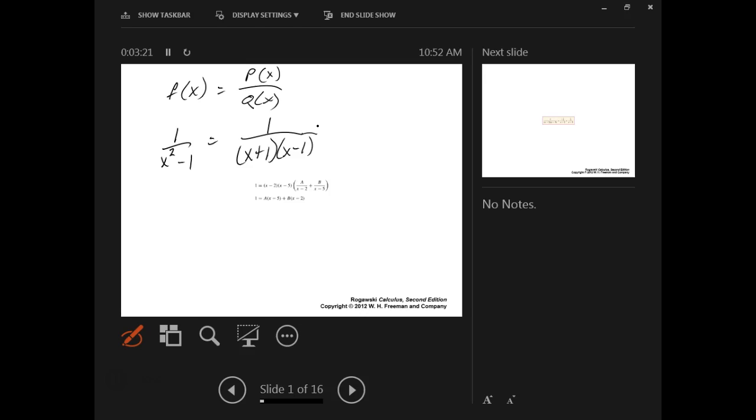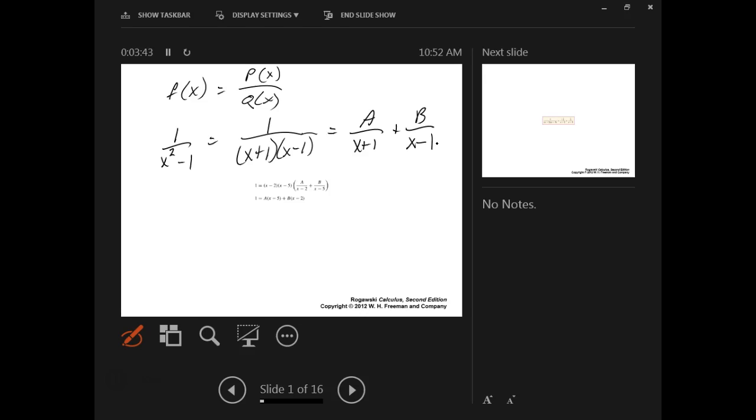Would you also agree that there could be, somewhere out there, a fraction, say A over x plus 1 plus B over x minus 1, that would give you that form?